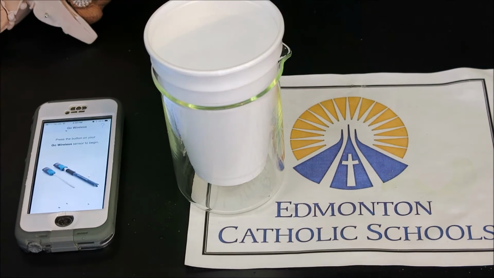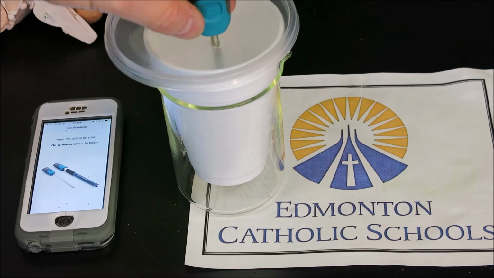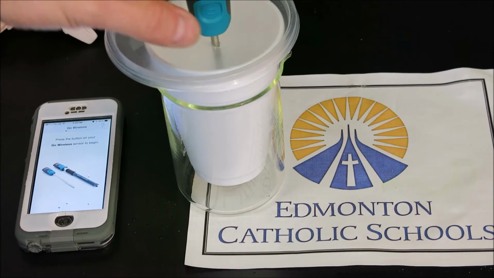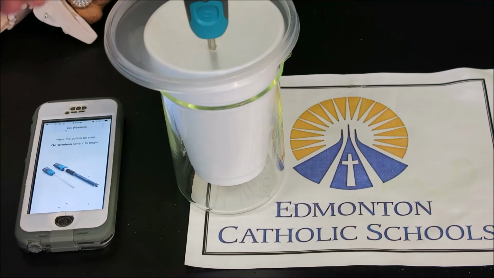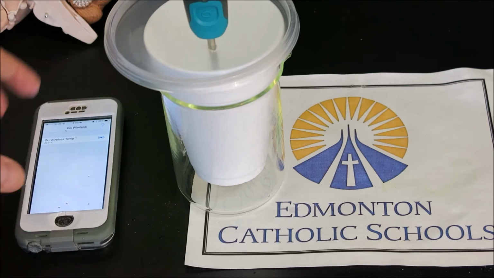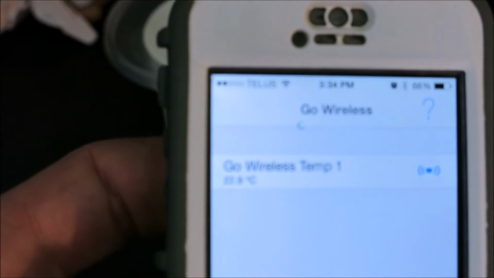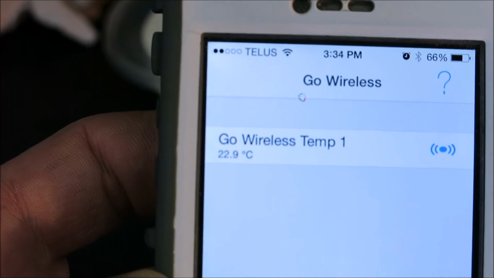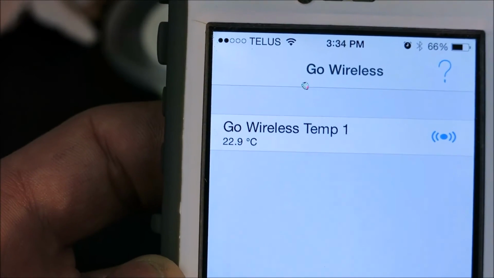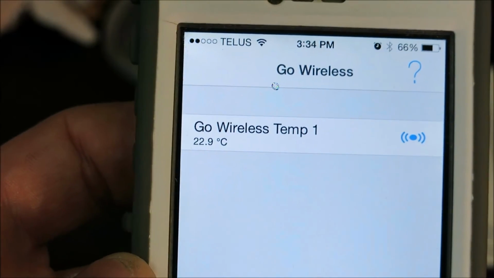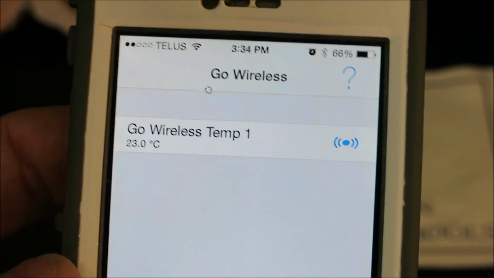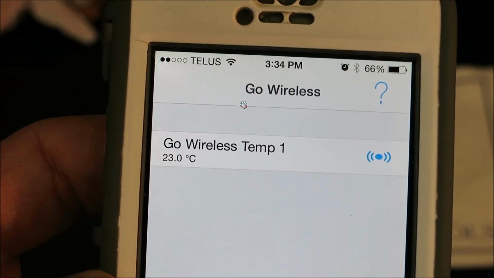And we will turn on our wireless device again and record our starting temperature once again. Without the graph, we can see the starting temperature is 22.9 degrees Celsius, or 23 degrees Celsius.